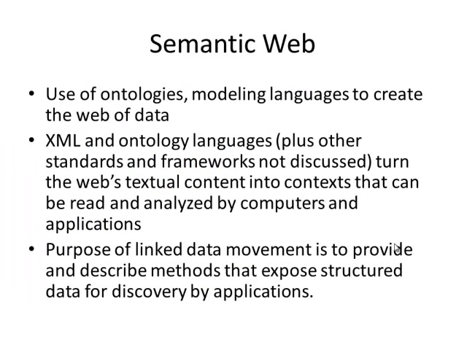So now let's talk about the semantic web. The semantic web is the use of ontologies, modeling languages, and so on to create a web of data. And if you think about the web as you normally might think about it, it's a collection of documents, and those documents are all human readable. And a lot of the specifications we talked about earlier in the lecture allow us as humans to find, analyze, and retrieve those documents.